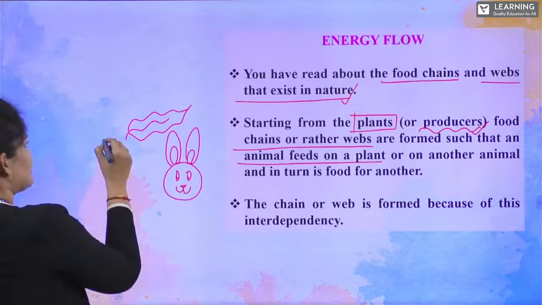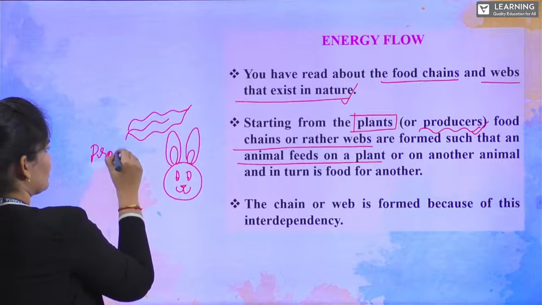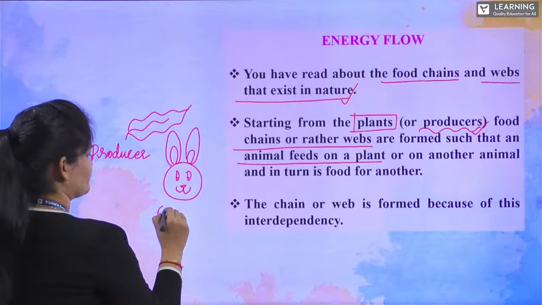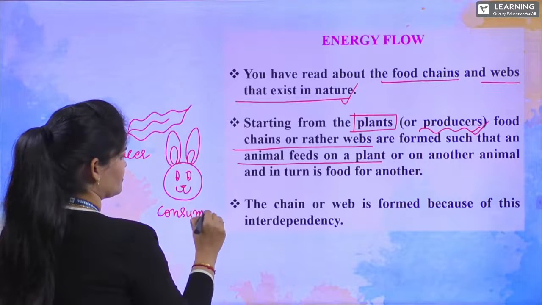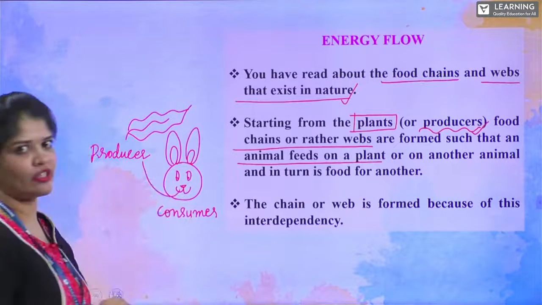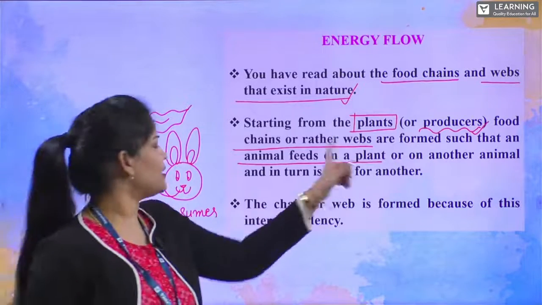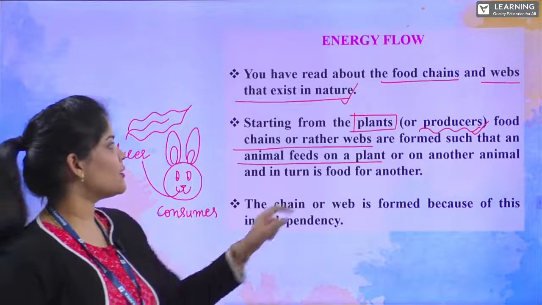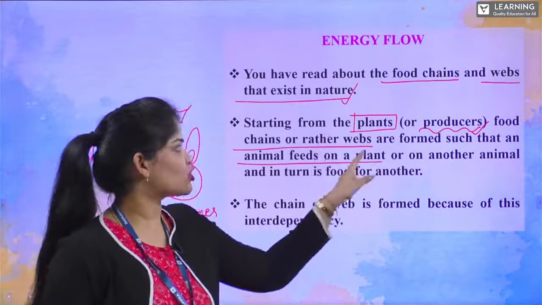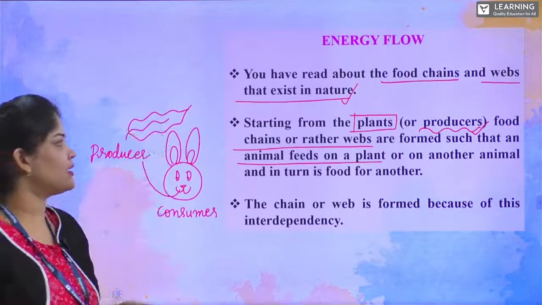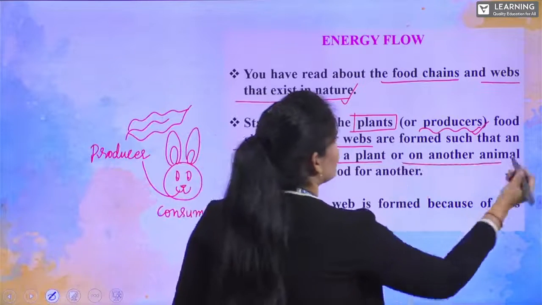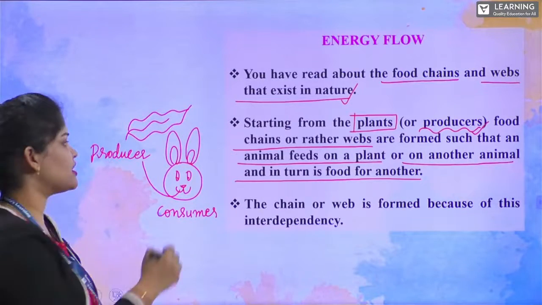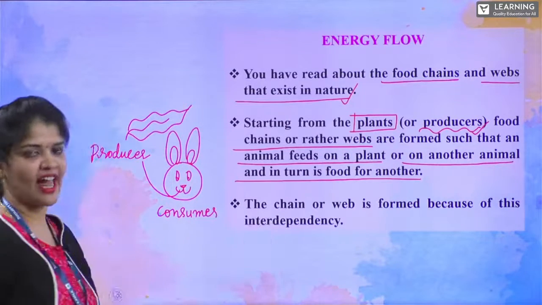So here, this is a producer and this is a consumer. This will feed on it. And this animal is in turn food for another animal.